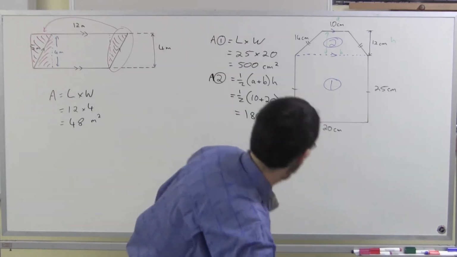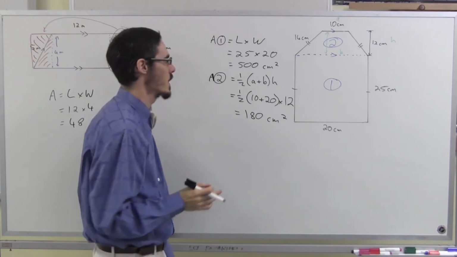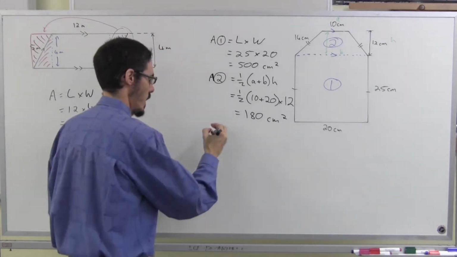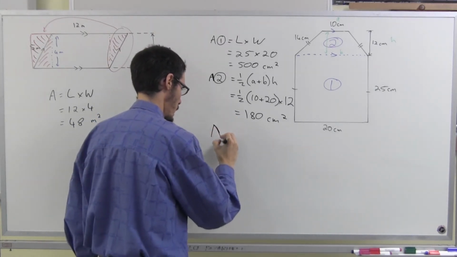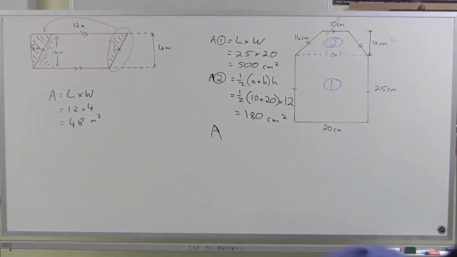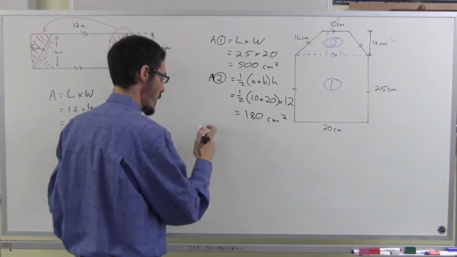Okay? So, have I finished what I'm doing? No, I haven't. I haven't actually yet found the total area. I'm going to write that differently, hold on a second. I'm going to write the word total so I know what I'm doing.